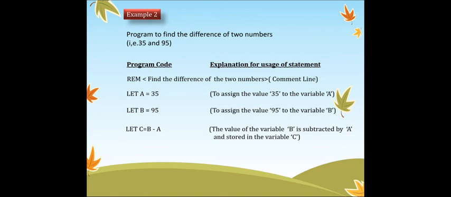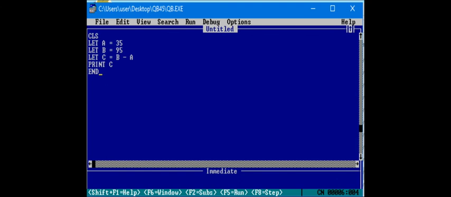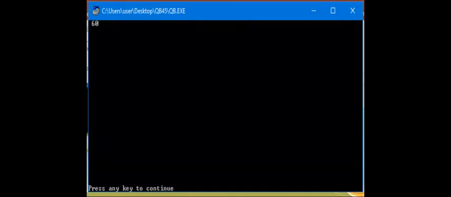So b is greater than a, that is why we have written here b minus a. So PRINT c, you are going to show the answer in the third variable, that is c, and last, END of the program. Look at the screen. This way we should write a program in QBasic and the output is 60.